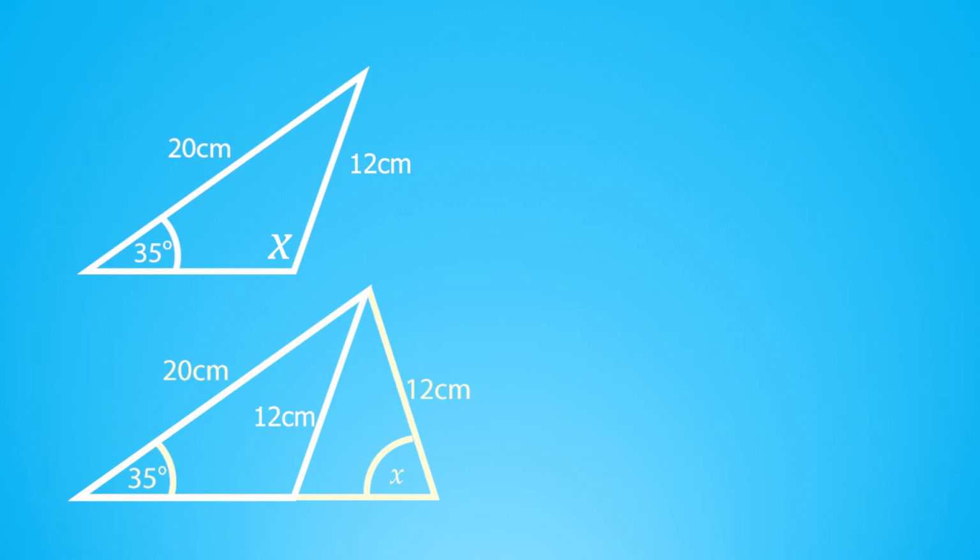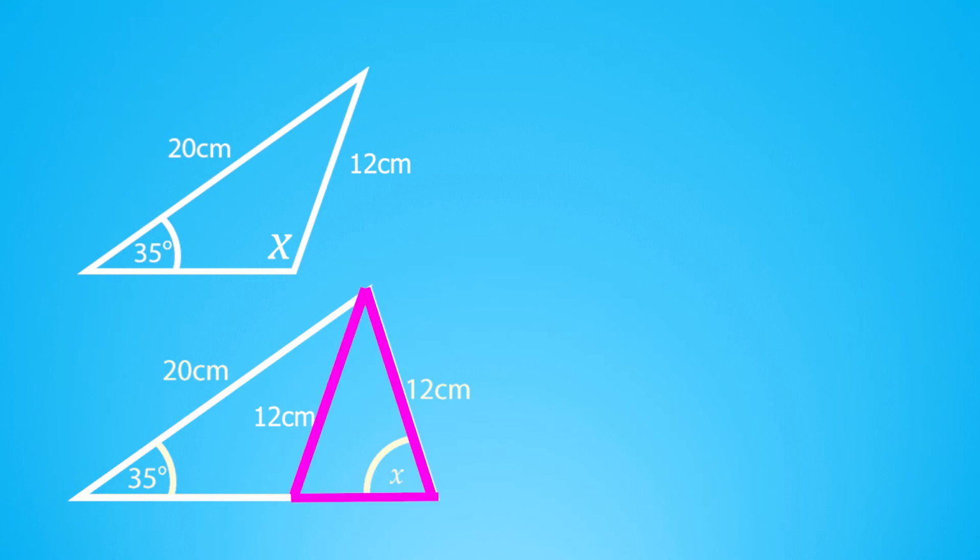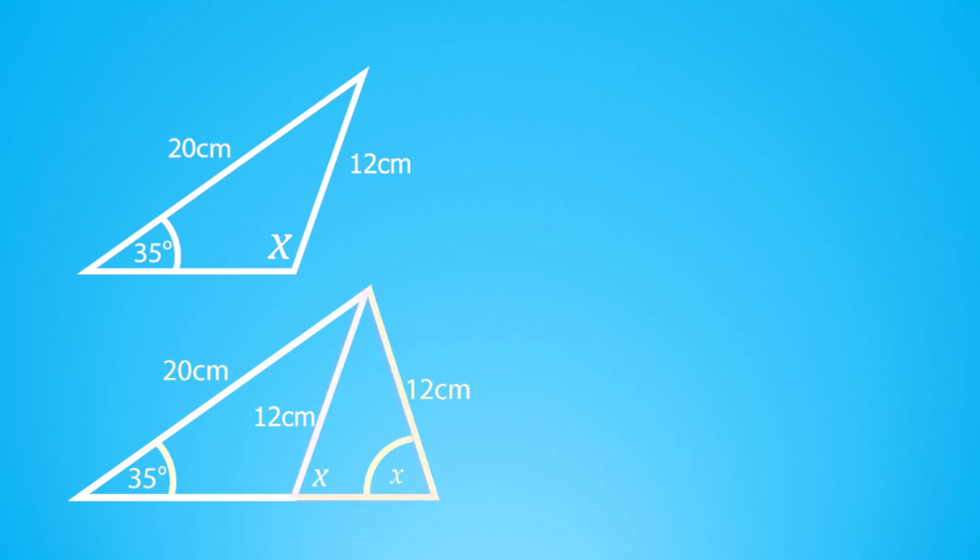And if we just focus on that newly created triangle on the right-hand side where both of the lengths are 12 centimeters, that's an isosceles triangle. So we know that the x, the unknown angle that we're trying to find, is going to be exactly the same as the unknown angle on the other side. And we know that in this triangle where you've got the acute angle, that would be 72.93271.